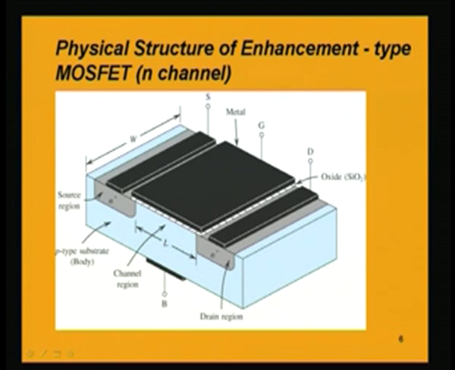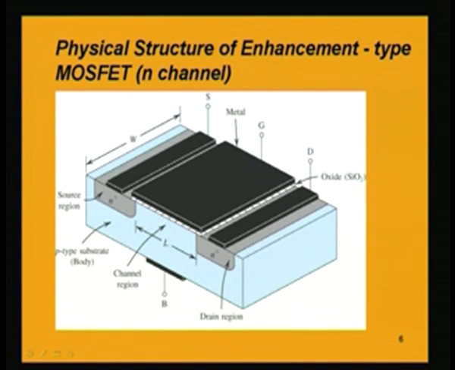Here the P substrate and the two N type semiconductors are grown on the silicon wafer, and as you see here, there is a silicon dioxide layer which is grown between the two N type semiconductors.